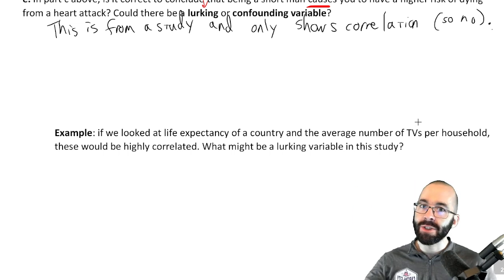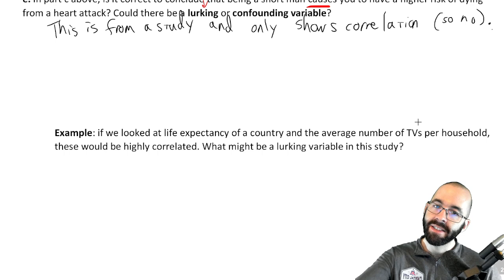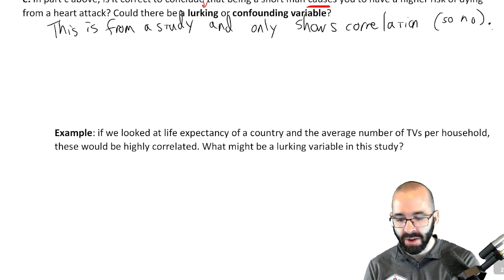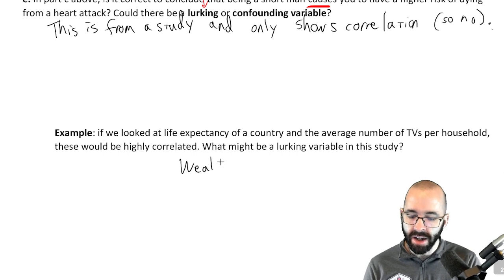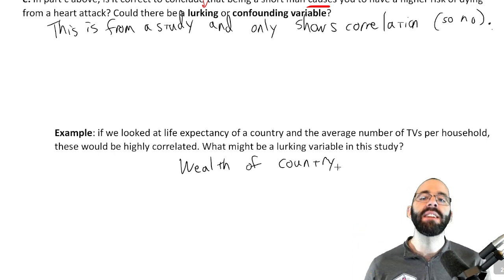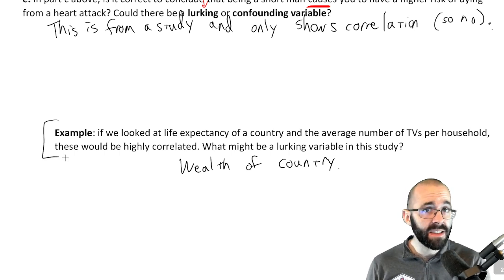If you have a wealthier country, people are going to have more TVs. You're going to have better health care. Better health care leads to longer life expectancy. So it could be the wealth of a country. There's a ton of them you could put here. Ton of ideas, but just as an idea, this is an example of a lurking variable. It's a variable that's in this example, but we don't see it.